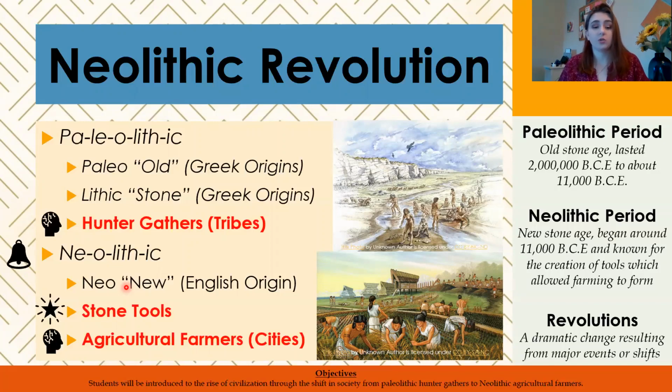These were all developed during this age, as well as agricultural farmers who would use those stone tools to farm and cultivate the land in large groups or cities. This would usually be multiple family units, not just one, ruled over by kings or other large leaders. So we have a huge shift from our Paleolithic nomadic hunter-gatherers to our Neolithic agricultural farmers that lived in cities.